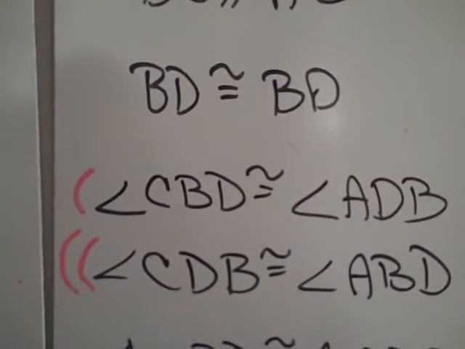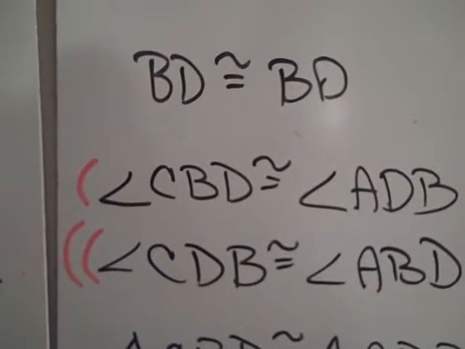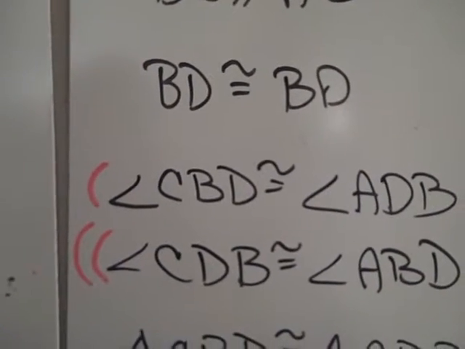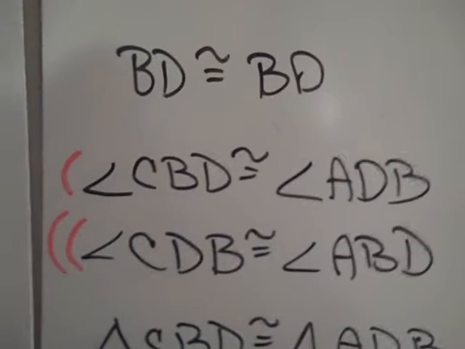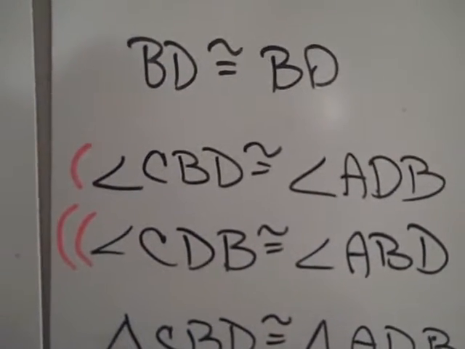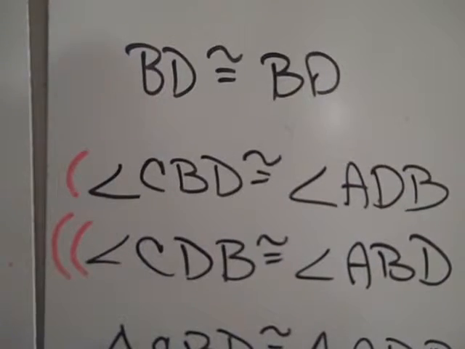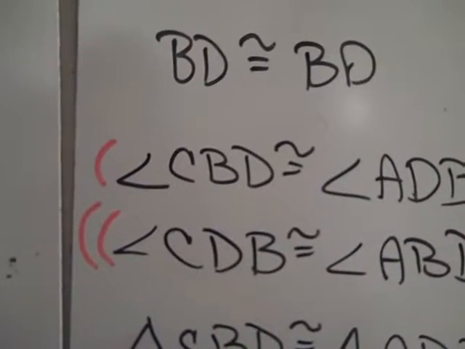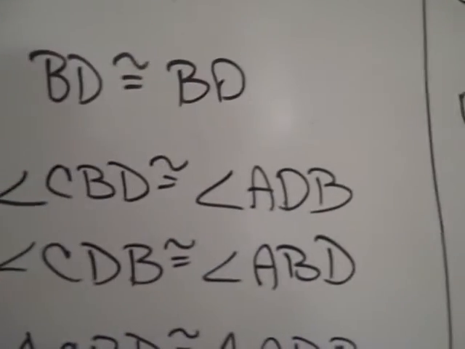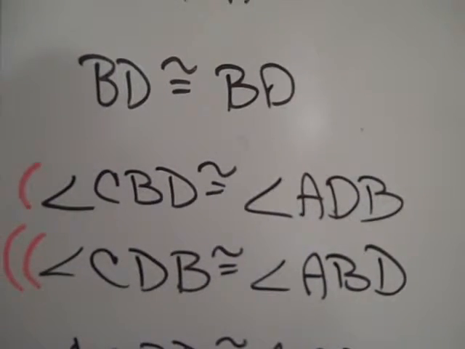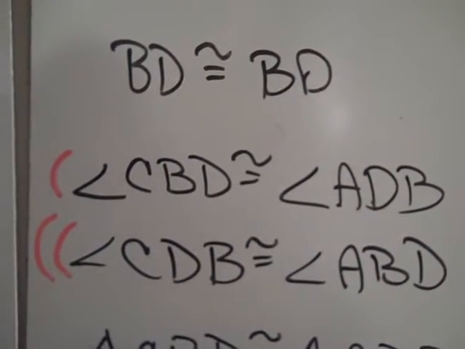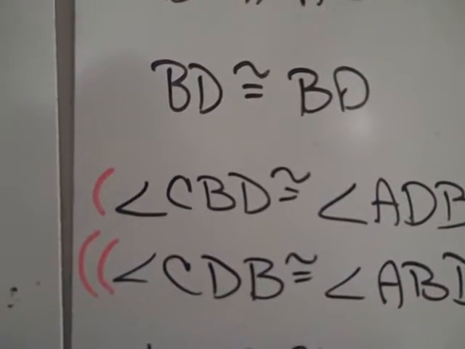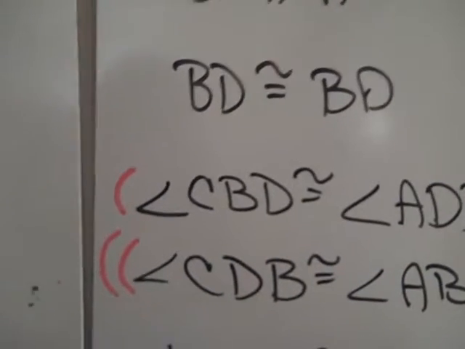One way to make this a whole lot easier to identify is by looking at the vertices of your 2 angles. The vertices of your angles have to be the middle letter, always. So looking at the 2 angles to the left, you see that your 2 vertices, or the middle letters, are B and D. Looking at the 2 angles to the right, you see that your middle letters are again B and D. Looking at the line segments that are congruent, you see that the line segment is BD.